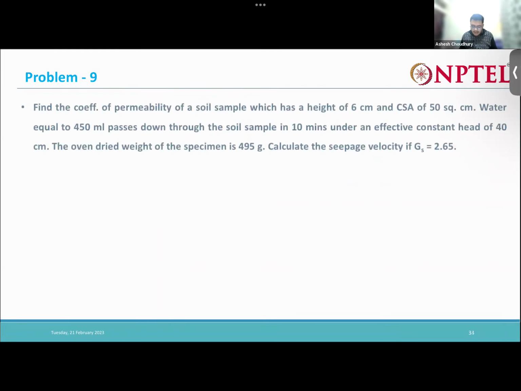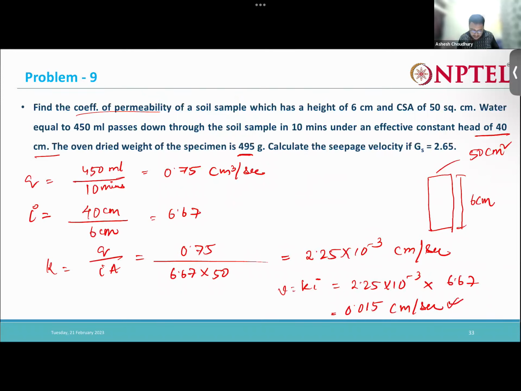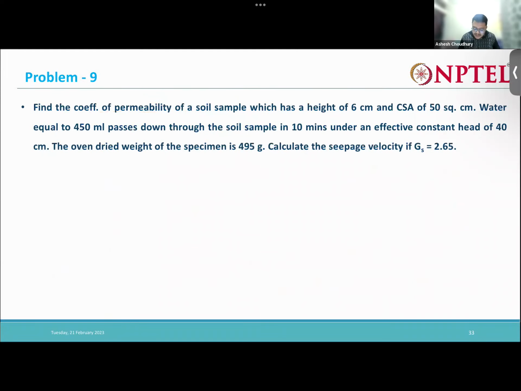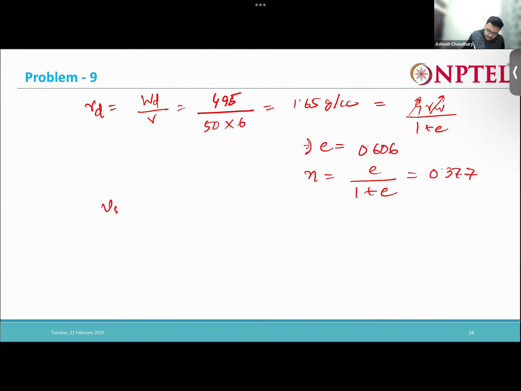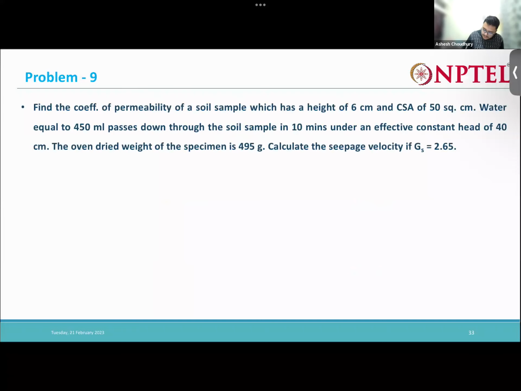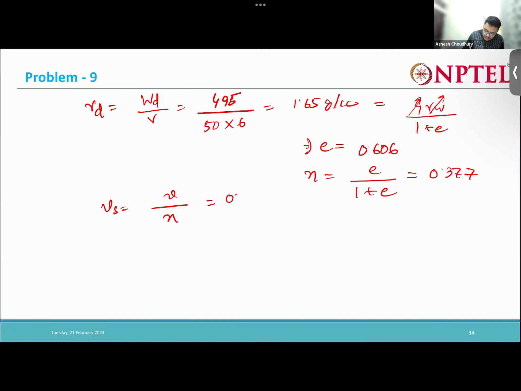So we have our velocity here, which we calculated. What will be the seepage velocity? Seepage velocity Vs is nothing but V by n, which is 0.015 divided by 0.377, giving 0.039 centimeters per second.